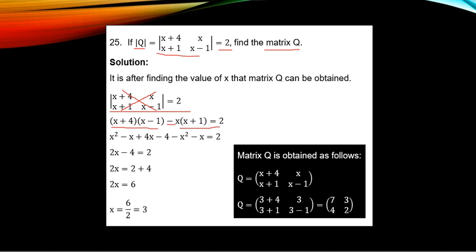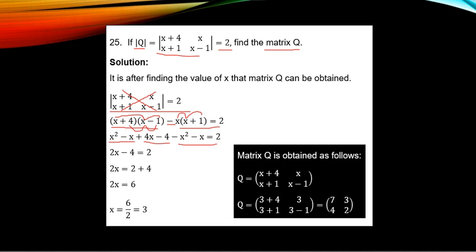So when you expand this term, s times s minus 1 is s squared minus s. Then you have 4 times s minus 1, that is 4s minus 4. Minus s times s plus 1, that is minus s squared minus s, equal to 2.